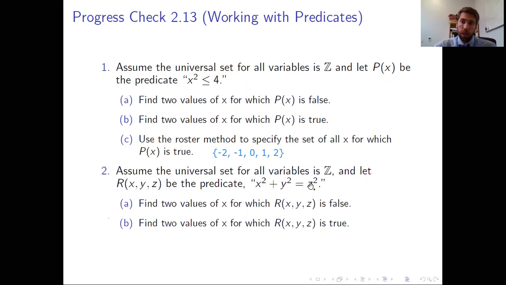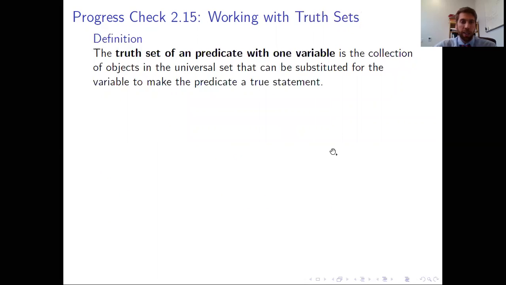Another example might be 12, 5, and 13. So 12 squared is 144, plus 5 squared is 25. 144 plus 25 is 169, which is 13 squared. It's always useful to have a few Pythagorean triples memorized.